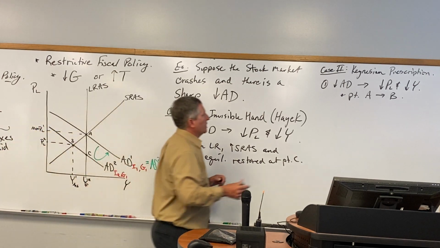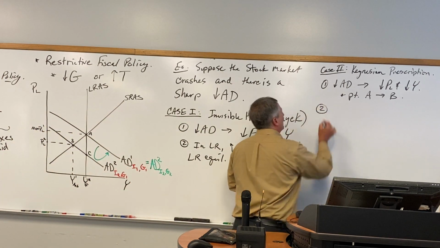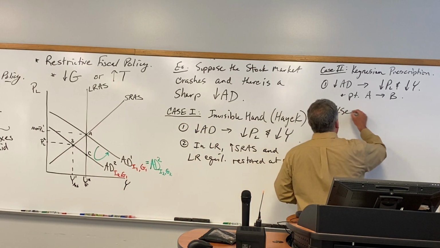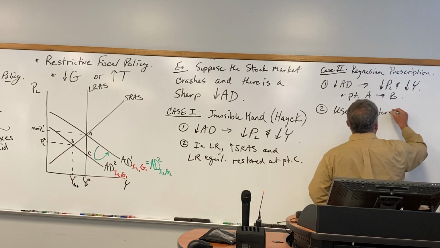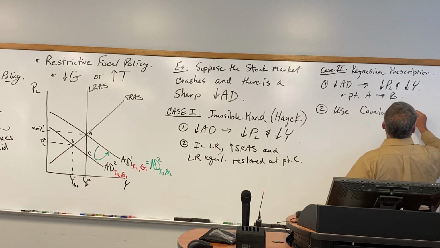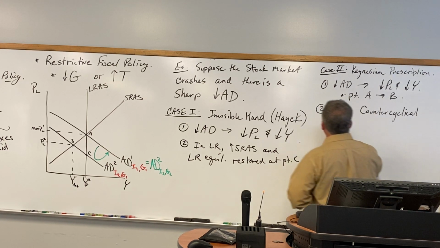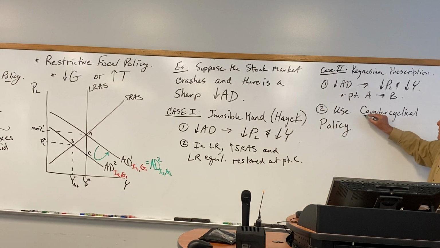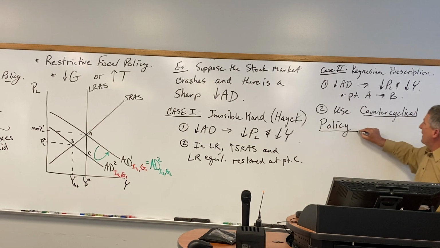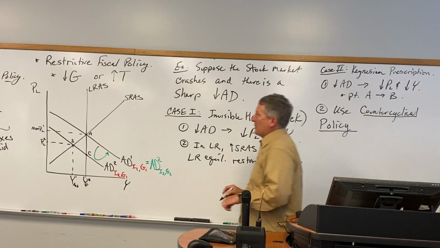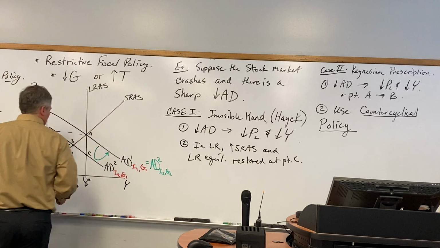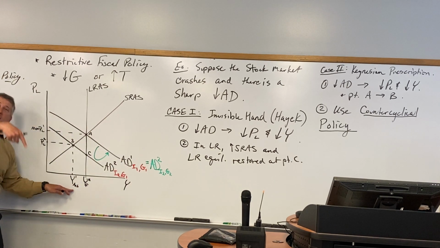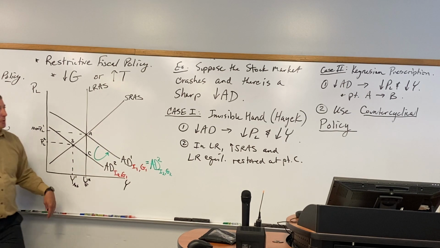But now number 2 is we're going to use counter-cyclical policy. Counter-cyclical policy. I didn't use that word before, but that's what we were doing. Income's down, so let's use expansionary policy to counter it, right? It's a counter move.